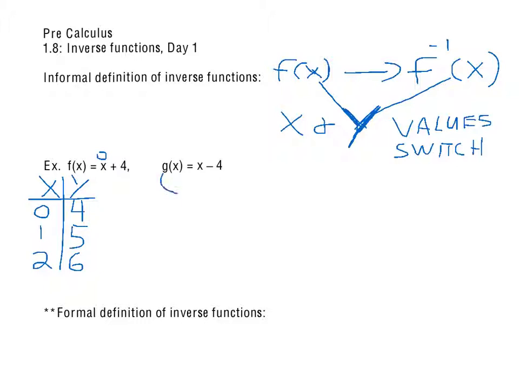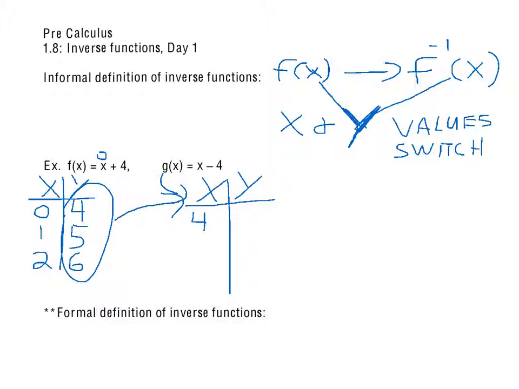Now for g of x, as I said, they're going to be inverses of each other. When I do the xy chart, I'm going to switch it. So these y's I'm going to put here as the x's. I'm going to put in 4, 5, and 6. 4 minus 4 is 0, 5 minus 4 is 1, 6 minus 4 is 2, and there it is.